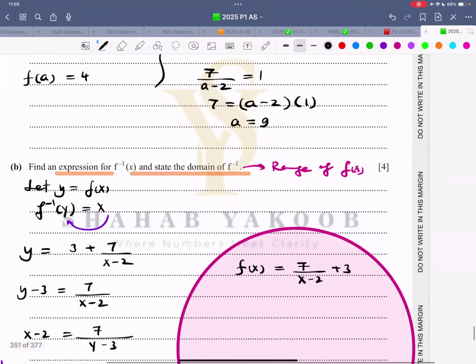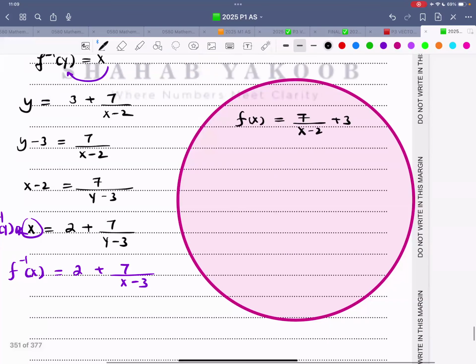And one other thing, range of f(x), but we will write it as domain x is greater than 3. That is the answer. Range of f(x) is f(x) greater than 3. And then we have to write it like this. Now, this is the alternative way.